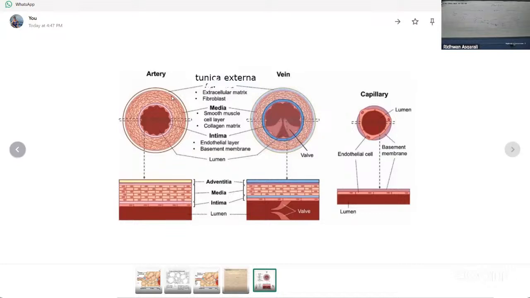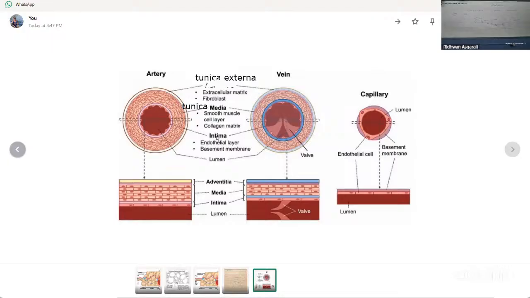Now where they have the media, we keep the name except we put in tunica media. Media means middle, and this is the middle layer of both artery and vein.